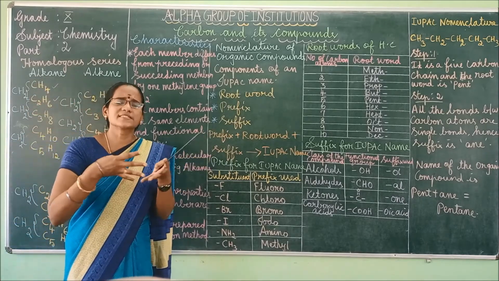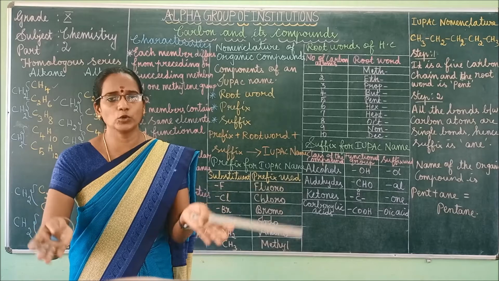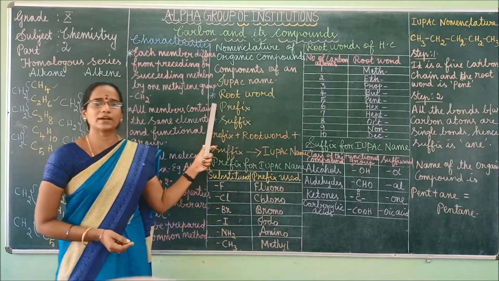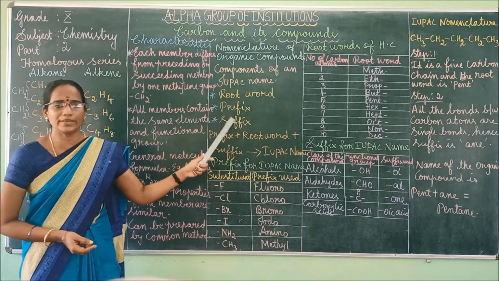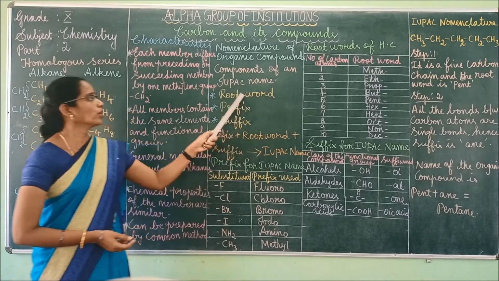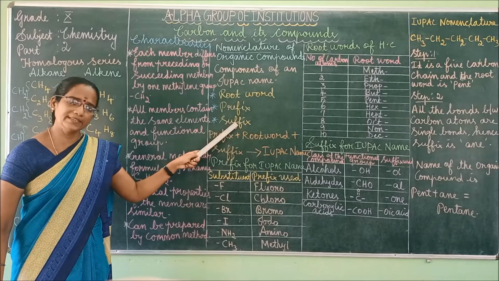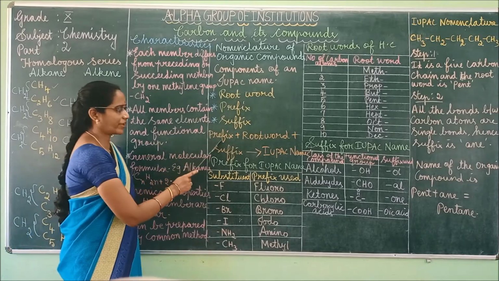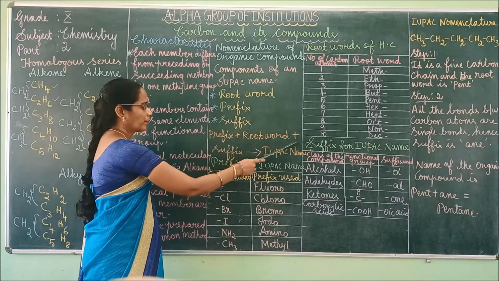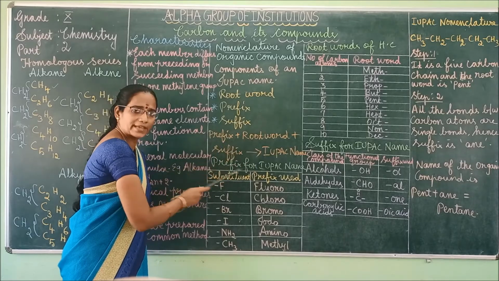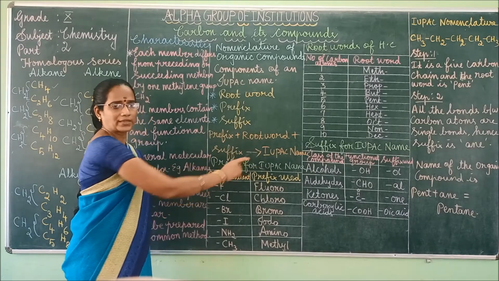These three parts combine to give the IUPAC name: prefix plus root word plus suffix.